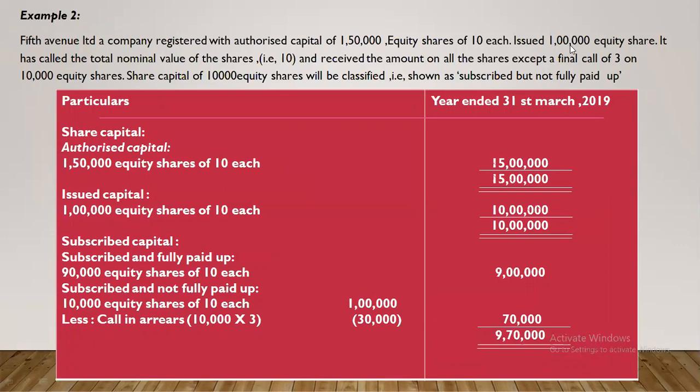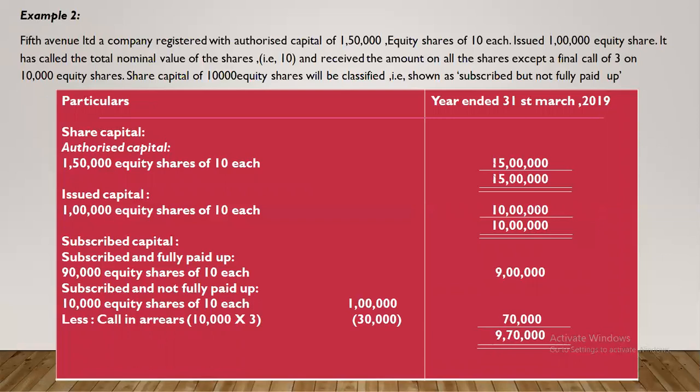The company is issuing only 1 lakh shares where the face value is 10. So issued capital will become 1 lakh shares at the rate of 10. This is 10 lakh. So issued capital is 10 lakh. Now the company received the amount on all the shares except a final call of rupees 3 on 10,000 shares.